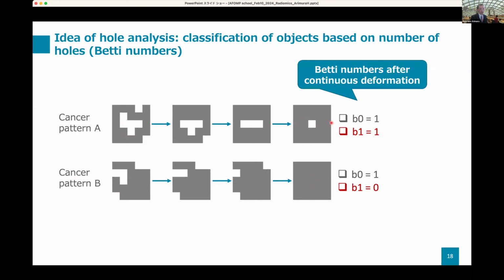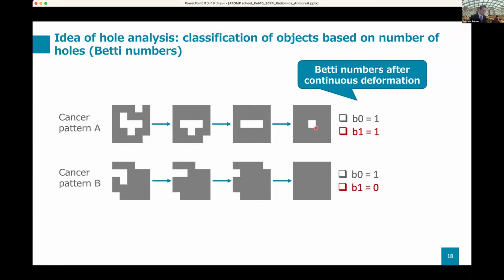This shape has one hole. That's why B1 is equal to 1. This is the number of holes. And B0 is the connected component. In this case, there is just one gray region. And this is one gray region here. So in this case, B0 is 1, and B1, there is no hole. That's why B1 is equal to 0.